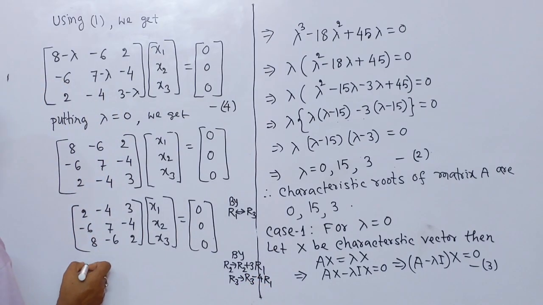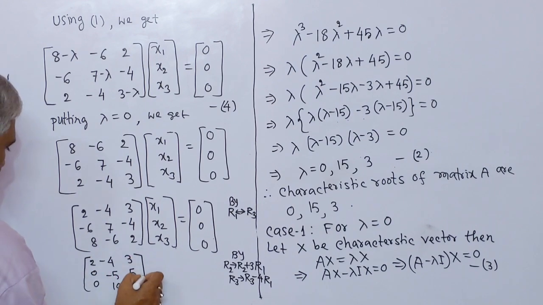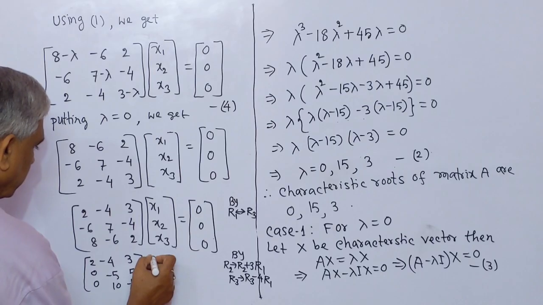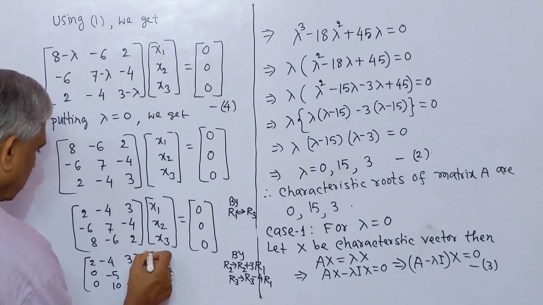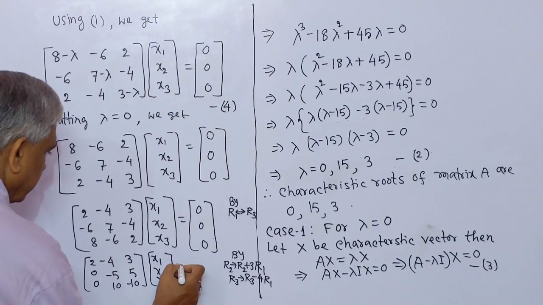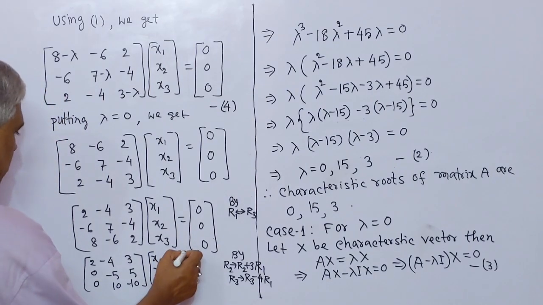Here we get [2, -4, 3], here 0, here 0. Here will be minus 5, here will be 5, 10, minus 10, times [x1, x2, x3] equal to [0, 0, 0].